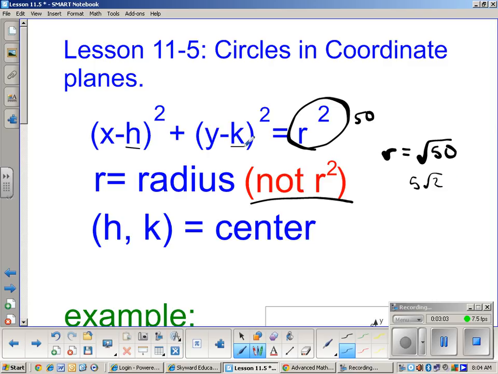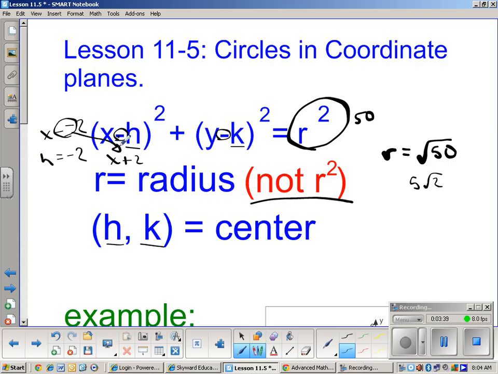This is the center. (h, k) is the center. But notice in the equation it says minus h and minus k. So that means the center will always be the opposite sign of the equation. So if this said x plus 2, then that would mean h is a negative 2, because x minus a negative 2 is the same as x plus 2.